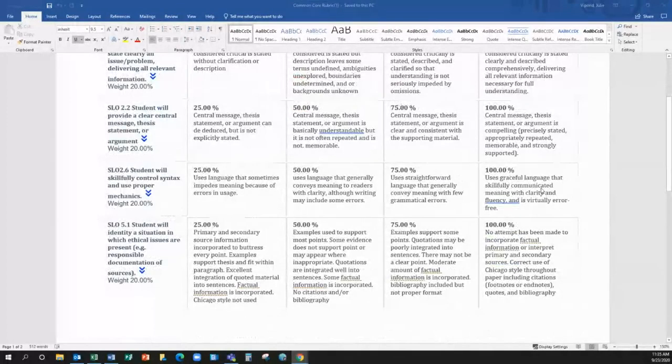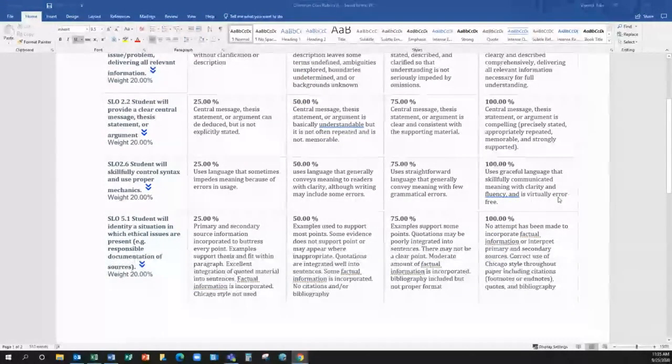The third one, student learning objective 2.6, how's your grammar, right? How's your language? So skillfully control syntax and use proper mechanics. This is all about those English mechanics, graceful language, skillfully communicate, clarity and fluency, virtually error-free, right? And this is where proofreading comes in really big.